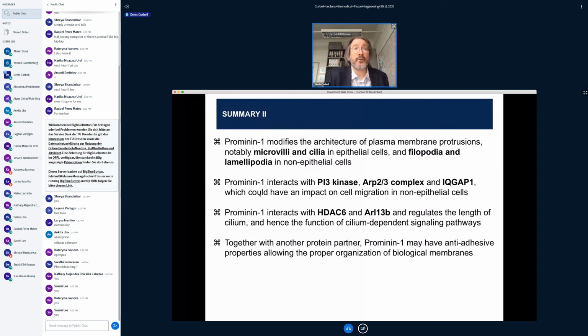Prominin 1 interacts with the histone deacetylase 6 and IL-13B and regulates the length of cilium, and hence the function of the cilium-dependent signaling pathway. And together with other protein partners, prominin may have anti-adhesive property, allowing the proper organization of the biological membrane. So it's not involved only in making them, but also in keeping them in a normal situation and not collapsing.